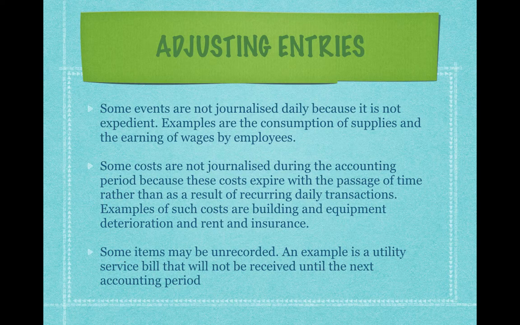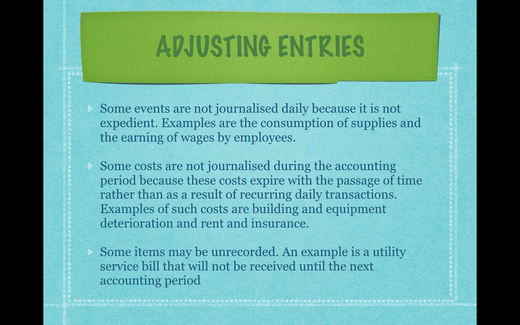The first one is some events are not journalized daily because it is not expedient. Examples are the consumption of supplies and the earning of wages by employees. The second one, some costs are not journalized during the accounting period because these costs expire with the passage of time rather than as a result of recurring daily transactions.